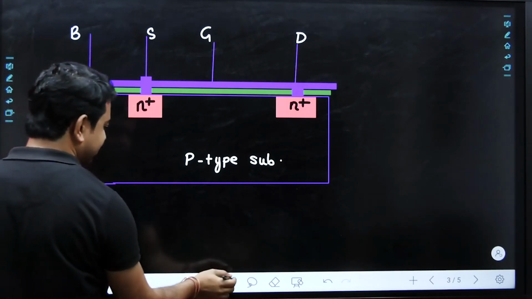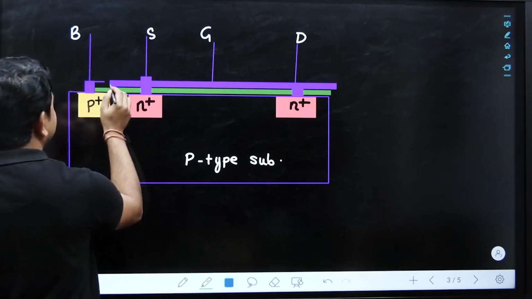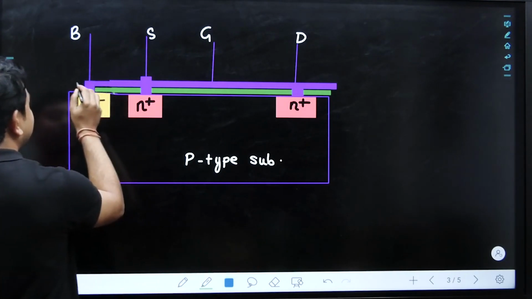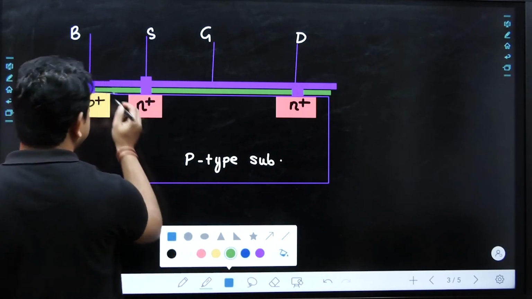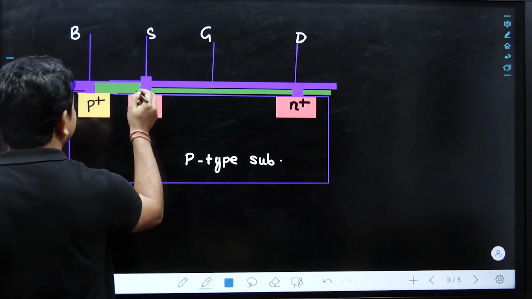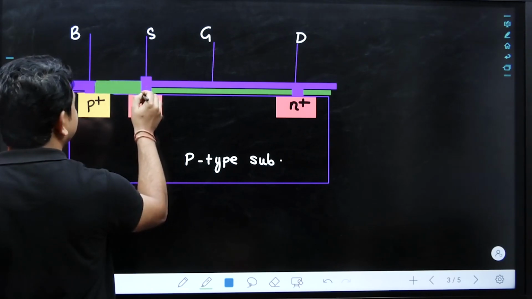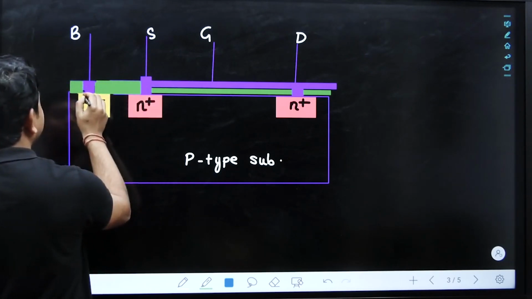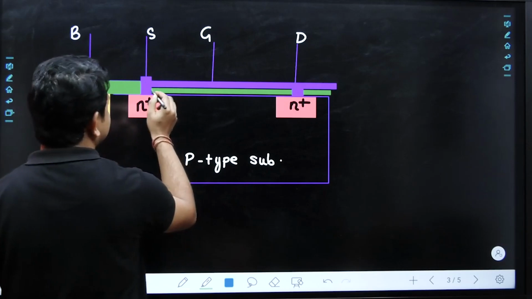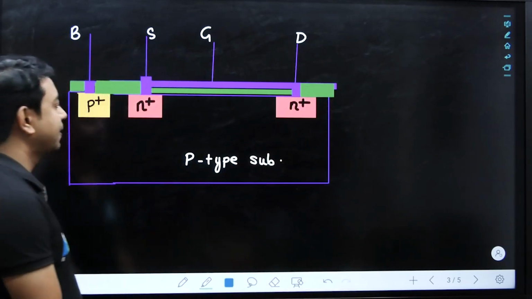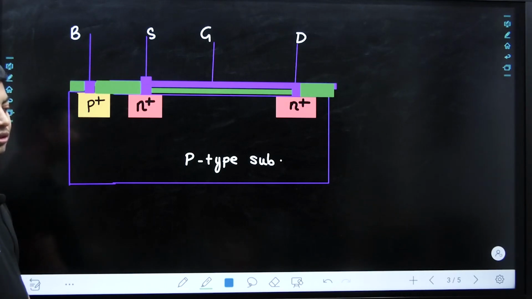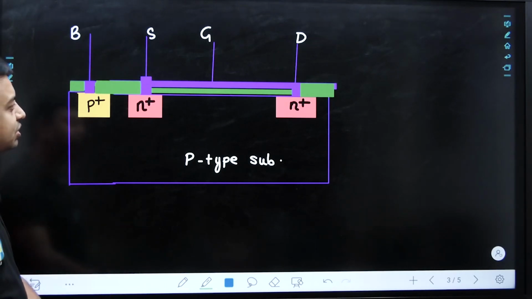No need to extend the metal, only the silicon dioxide, because the metal part we need only when making the contacts. So like this, and here we are taking the silicon dioxide. So this is the proper way of connection.